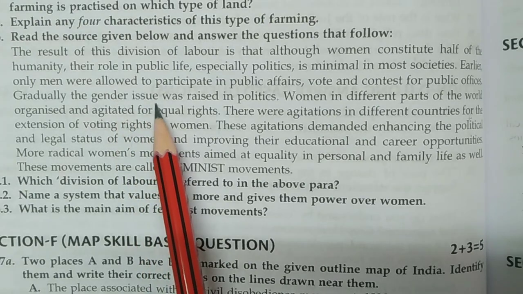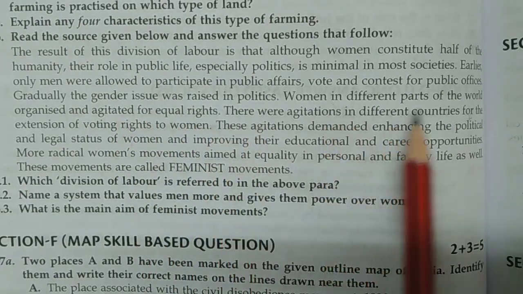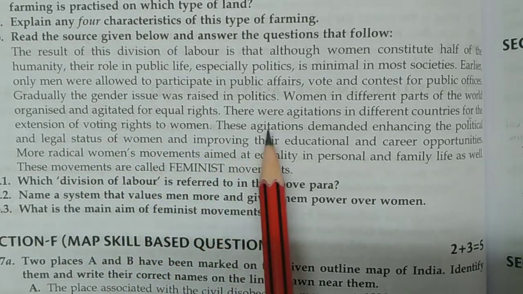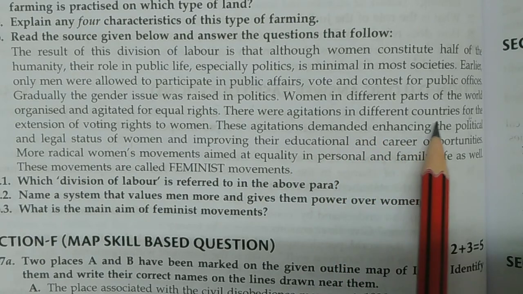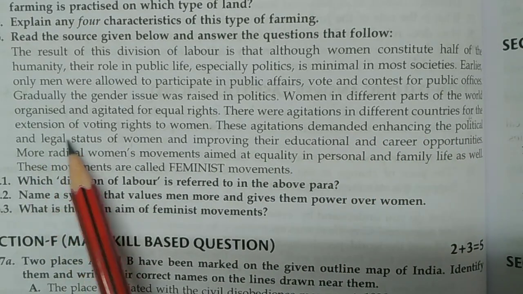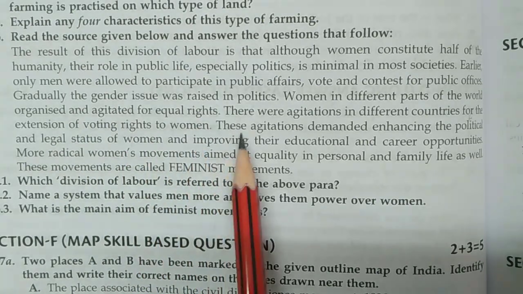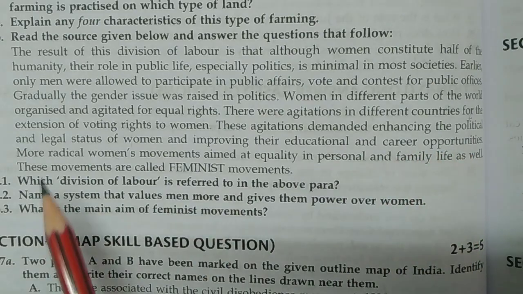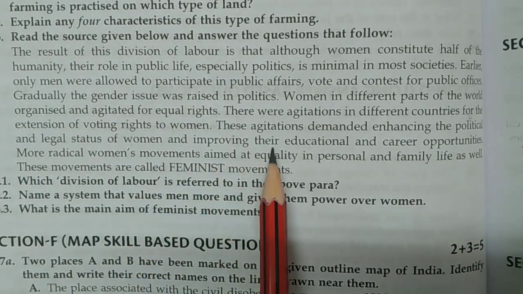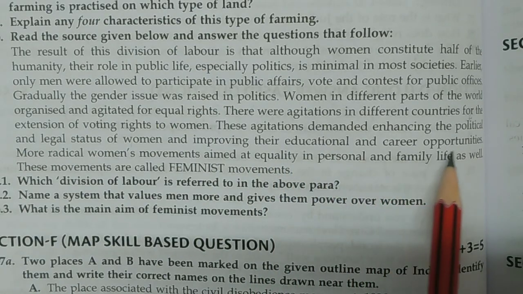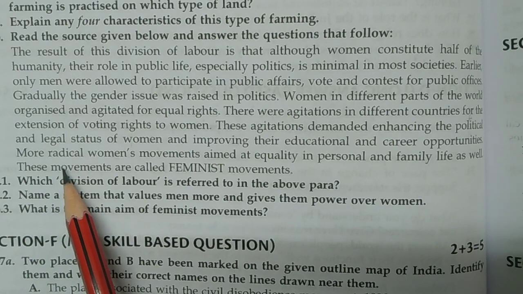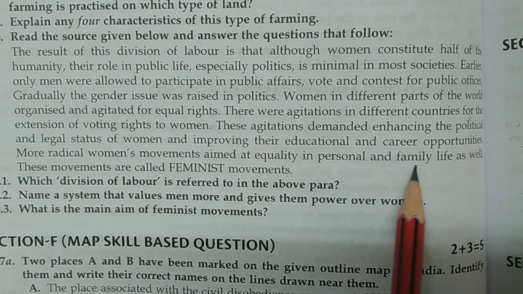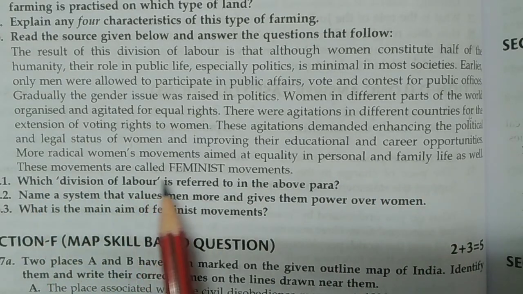Gradually, the gender issue was raised in politics. Women in different parts of the world organized and agitated for equal rights. There were agitations in different countries for the extension of voting rights to women. These agitations demanded enhancing the political and legal status of women and improving their educational and career opportunities. More radical women's movements aimed at equality in personal and family life as well. These movements are called feminist movements.